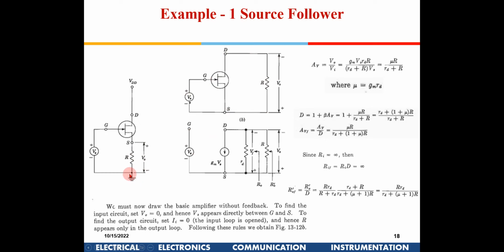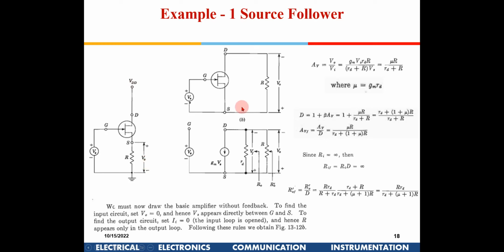The output is from this node to this node, from source to resistance, and this is the circuit. The resistance became parallel to that transistor. That is confusing a little bit, because this is virtual ground, right? Yes, for AC analysis, this will be ground, right? Due to that, it became parallel.